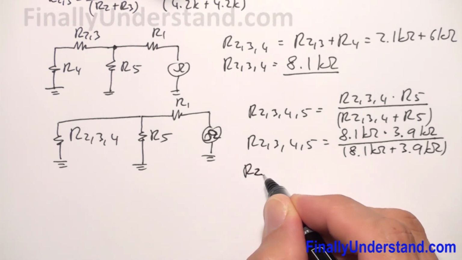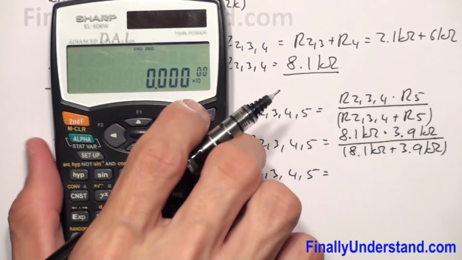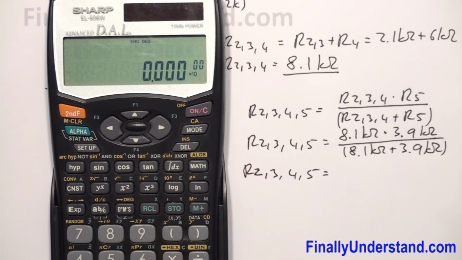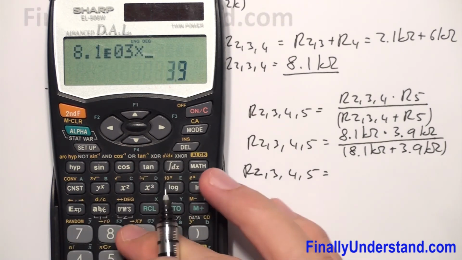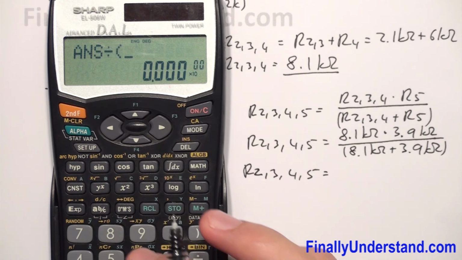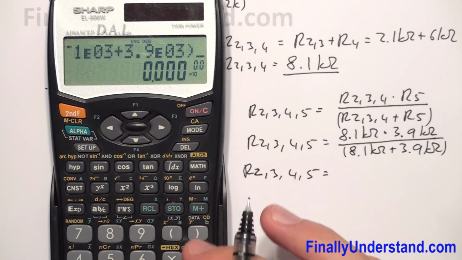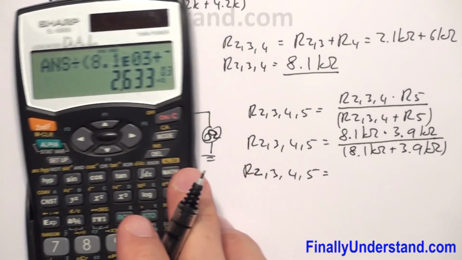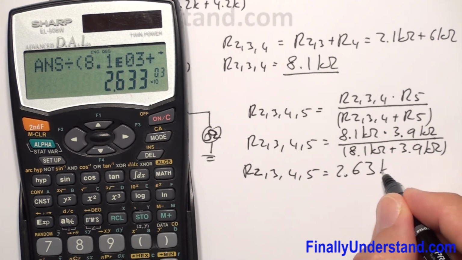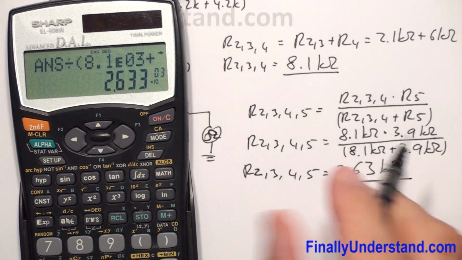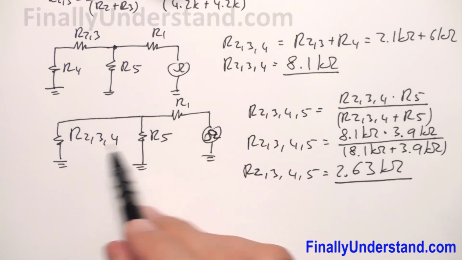So R2345 is equal 8.1 times 10 to the 3 times 3.9 times 10 to the 3, divided by open parenthesis 8.1 times 10 to the 3 plus 3.9 times 10 to the 3 close parenthesis, equals 2.63 kilo ohms. Okay, so this is the equivalent resistance for these two resistors.